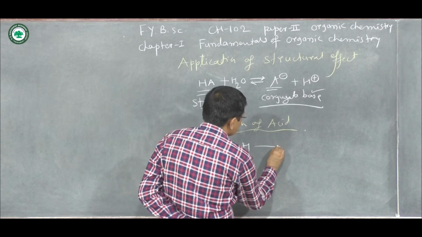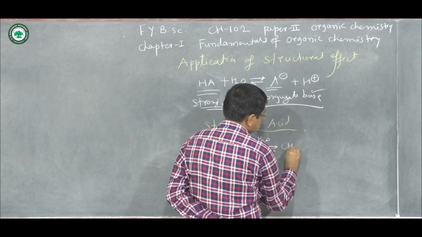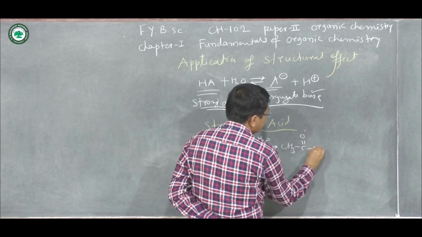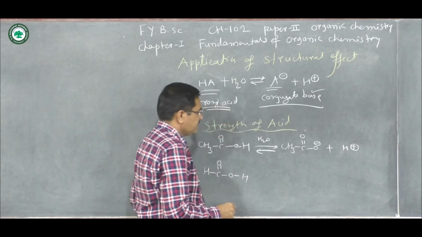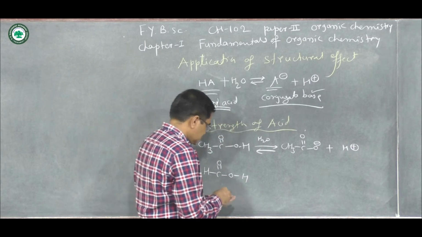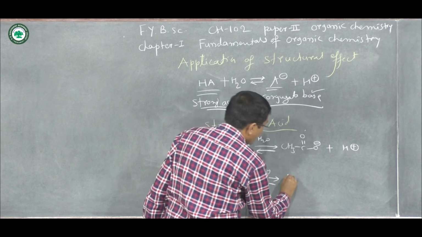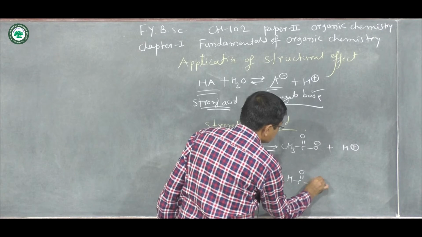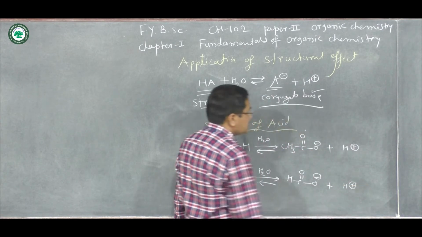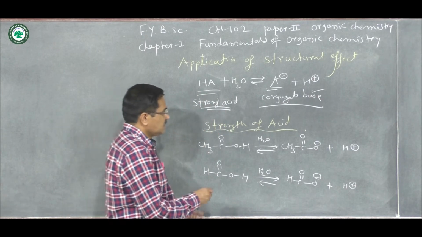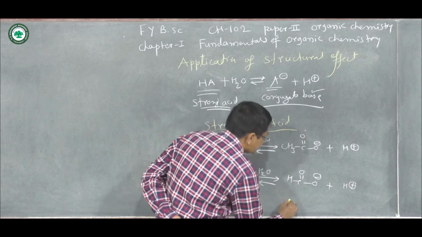Now suppose this acetic acid is dissolved in water, it gives acetate ion as a conjugate base and H plus. Now similarly, when this formic acid is dissolved in water, it gives formate ion as a conjugate base and H plus. Now here we will consider the stability of both conjugate base.